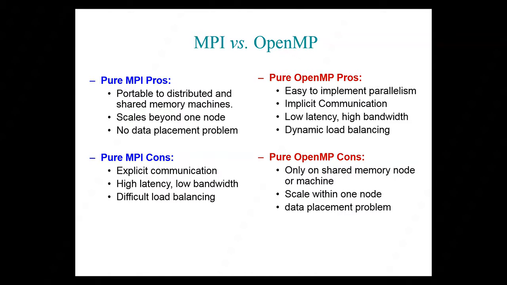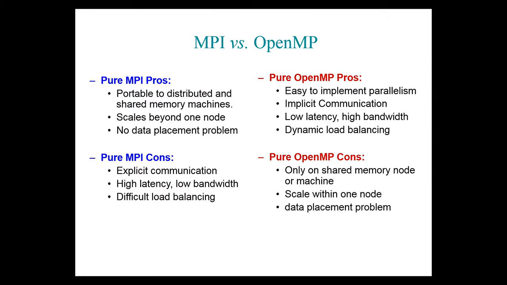On the other hand, the advantage of OpenMP is basically the disadvantage of MPI. OpenMP is easy to implement, and communication is mostly handled by the constructs.